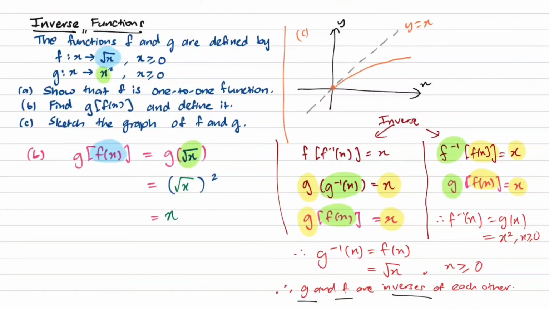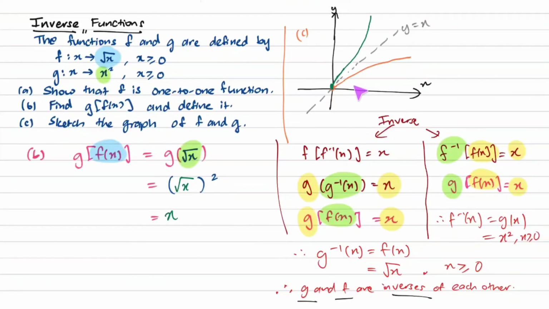How does it reflect? You just have to try to imagine that there is a mirror on this line y equal to x. Put a mirror here and then reflect this orange line. Here, the graph is closer to the y equal to x line, but then it gets further and further from that line. So label your graph.